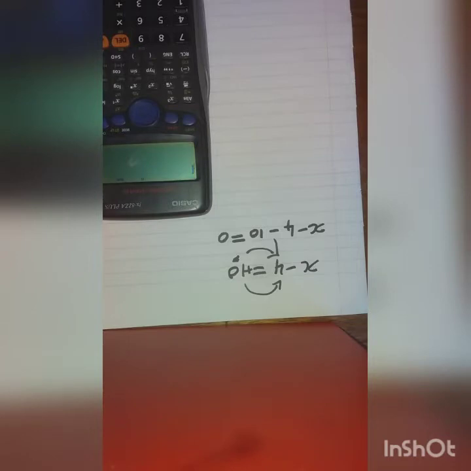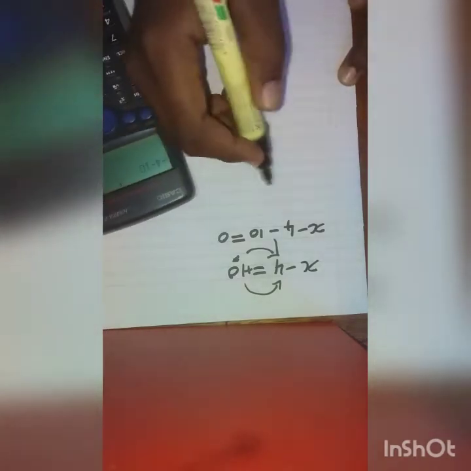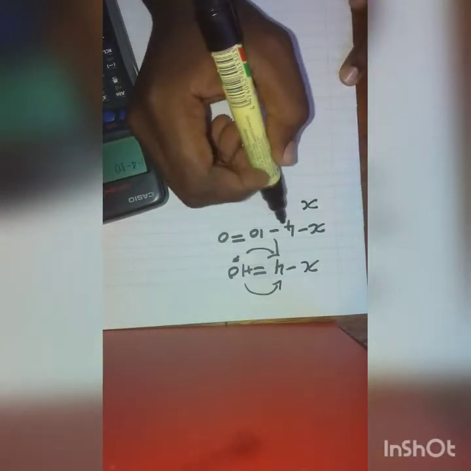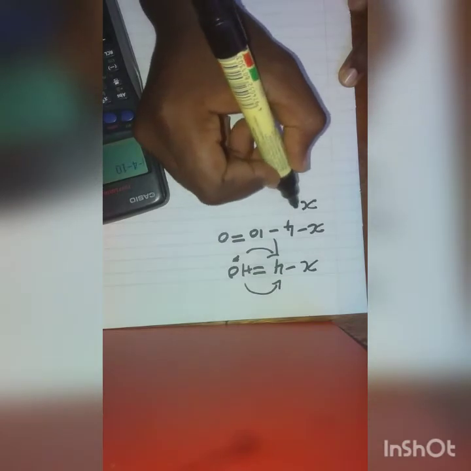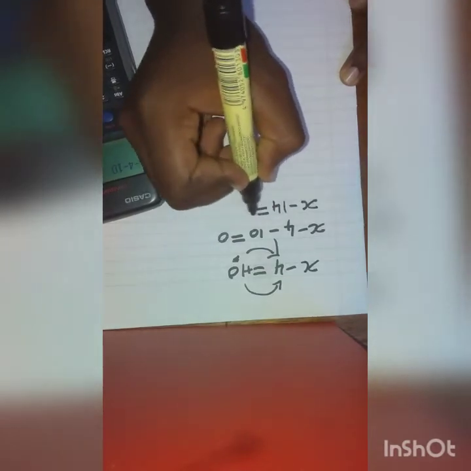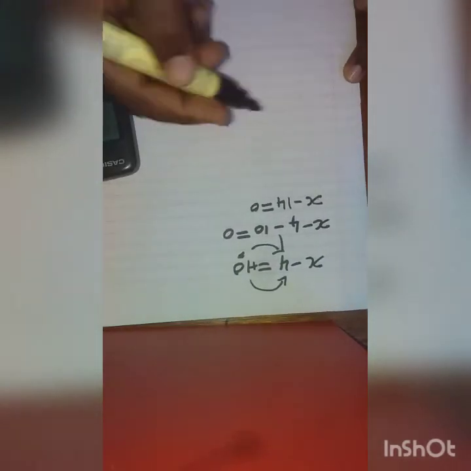But I encourage everyone to use calculators, because you can never be sure. So when we add them, negative 4 minus 10 is negative 14. So x minus 14 is 0.